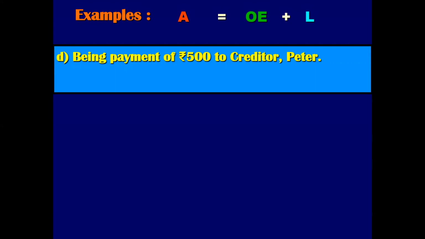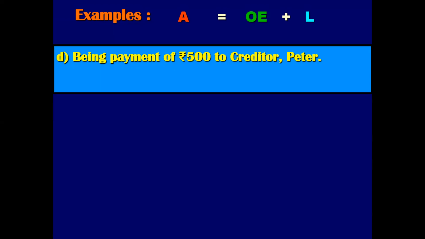Already your creditor amount is 1,000. Now today you paid 500. So what will you do? 1,000 minus 500. The remaining 500 is your creditor balance. This is your normal transaction. Same character only you are going to do here.